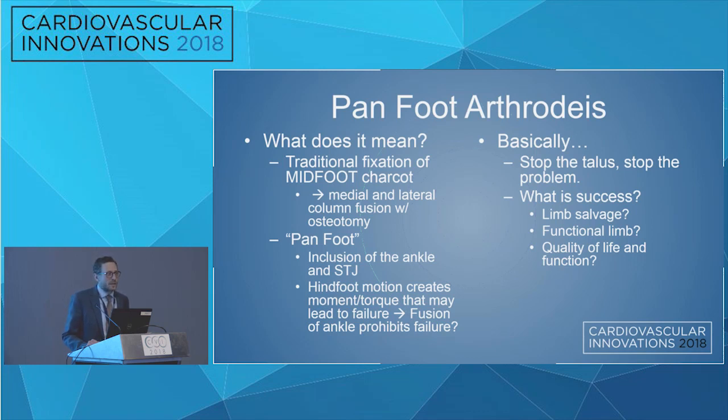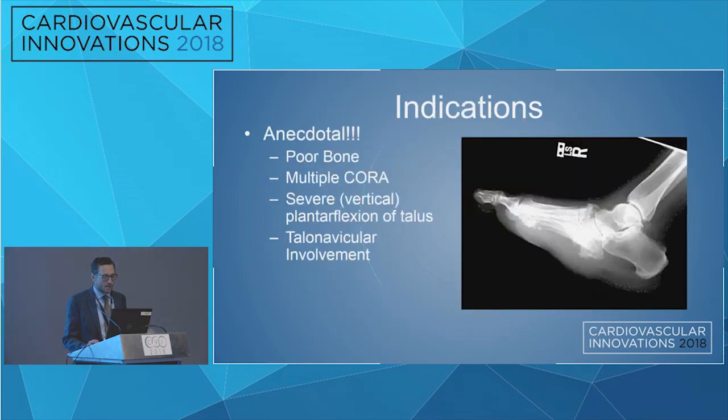What we mean by pan-foot is always including the talus and the ankle in our construct. Moving towards the future, what we've done more recently is excluding the foot and including only the ankle, basically with the idea that the talus is actually the real problem here. It is a fairly unconstrained bone, there's a lot of shear and a lot of movement, and if we can control the talus, then perhaps we can make a plantar-grade foot, limit some of the surgery we're doing from a hardware perspective in certain cases, and have a functional limb that's not going to ulcerate.